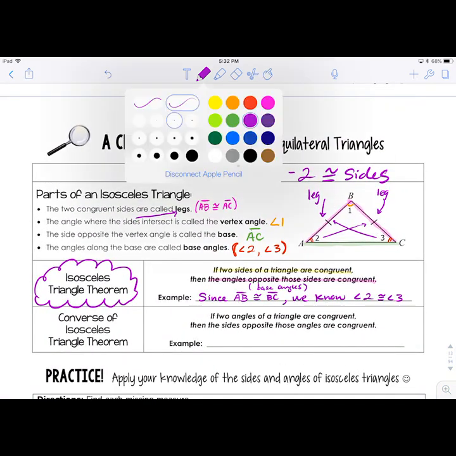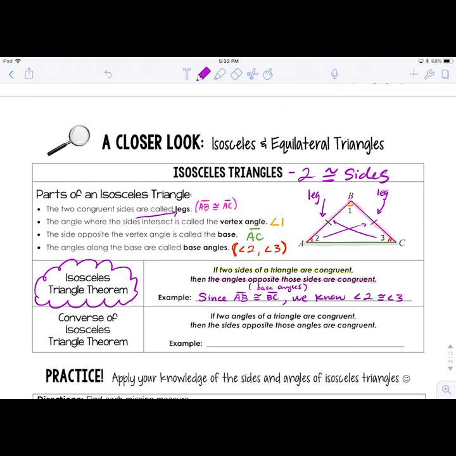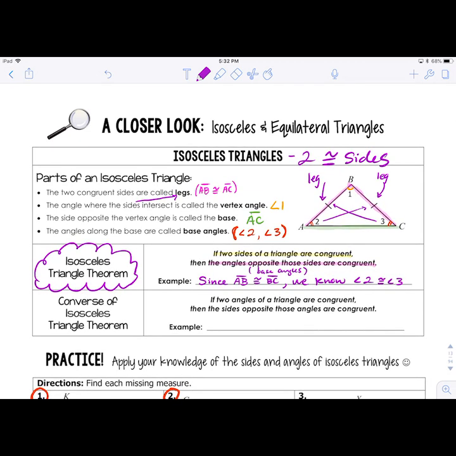Now, below that, I have the converse. And if you remember, if we have that a theorem is if P then Q, let me write that off to the side.